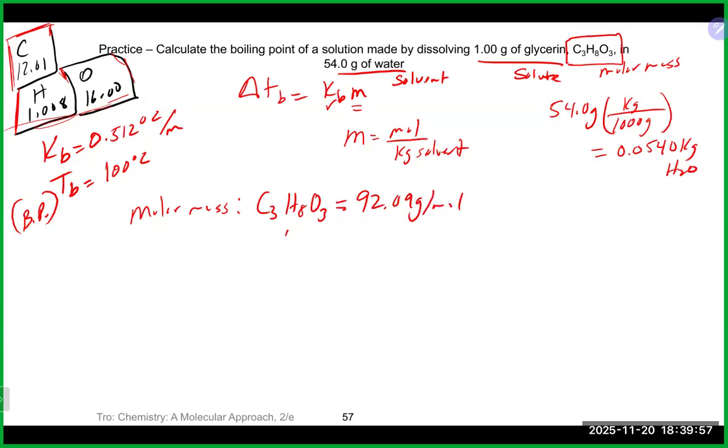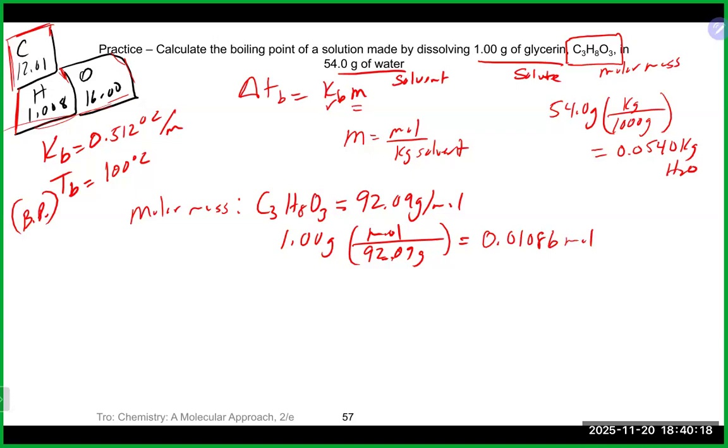Taking our 1 gram of it and dividing it by the 92.09 grams per mole is going to give us our moles of 0.01086.